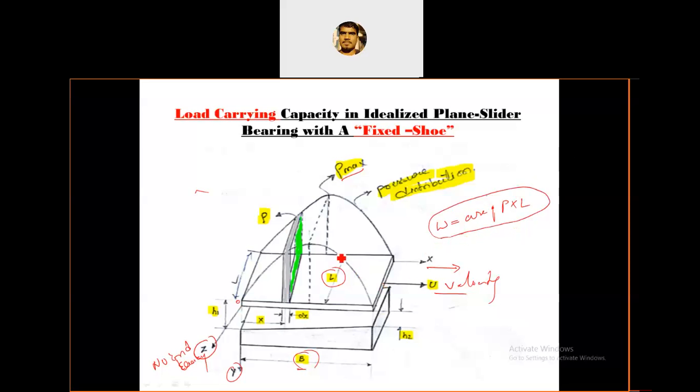For that we consider a small elemental area, dx, instead of B. P is the pressure anywhere on this parabolic graph. You can take it anywhere, here or here, no problem, but I consider it here. This length is dx, at a distance of x from h1, and p is the pressure.